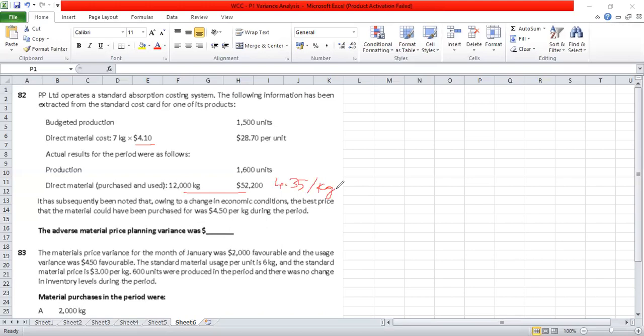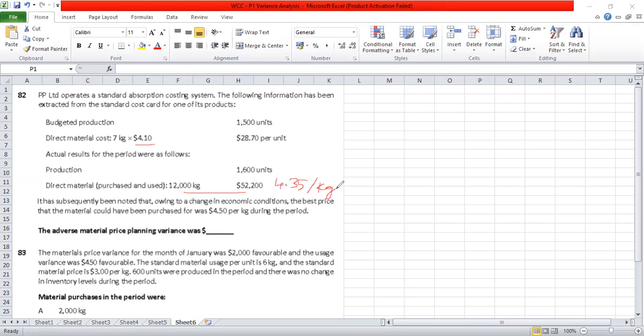So variances can happen at the time of planning or at the time of implementation. Here the question very clearly says they should have taken the price at 4.50, but they have taken 4.10. With the standard at 4.10 and the actual at 4.35, it will definitely show as adverse.